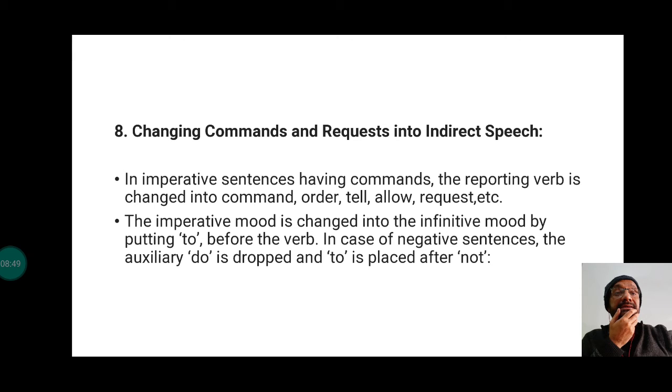In imperative sentences having commands, the reporting verb is changed into command, order, tell, allow, request, etc. You see, the reporting verb will be: he ordered him to, he asked him to, he told him to, he requested him to. And the imperative mood is changed into the infinitive by putting "to" before the verb. In case of negative sentences, the auxiliary do is dropped and "to" is placed after "not." Right? The second rule is very important. You look at it carefully.